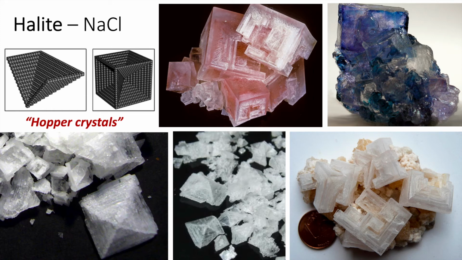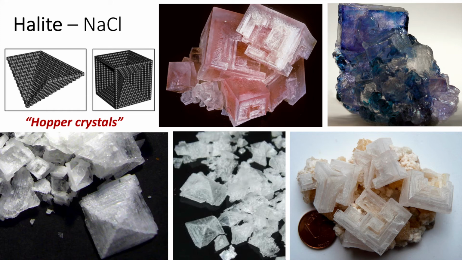So here are some more interesting pictures of halite. There are 2 points that I wanted to make here. The first, relating to these pictures in the upper right, is that halite is not always colorless. It is often colorless or white, but it can take on these other colors if you have little bits of dissolved other ions in the crystal structure.